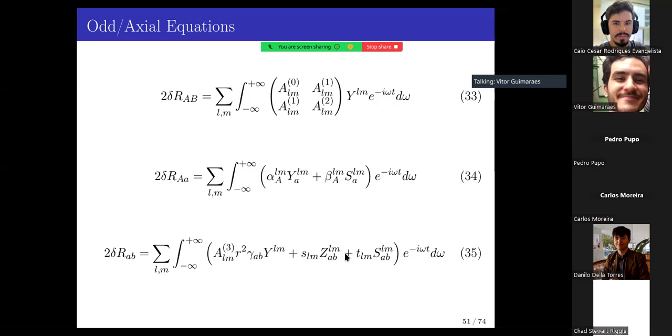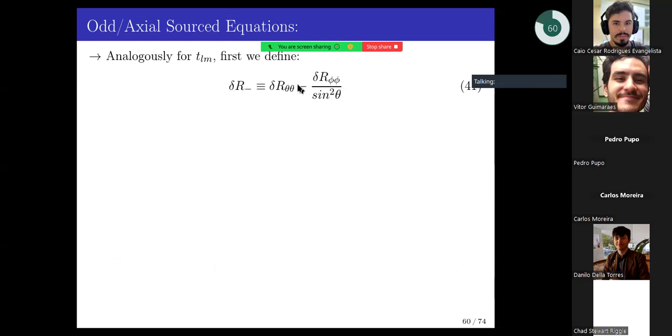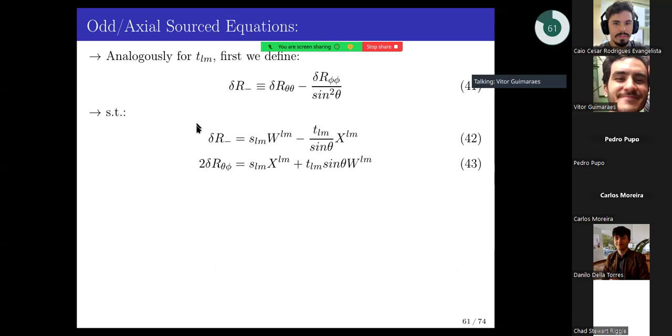Okay. So what we're going to do first, we set this equal to theta theta, take the corresponding component, take the phi phi component here, divided by sine squared theta, and take the subtraction, okay? And then we define this component, delta R minus, which is basically constructed as this, right?